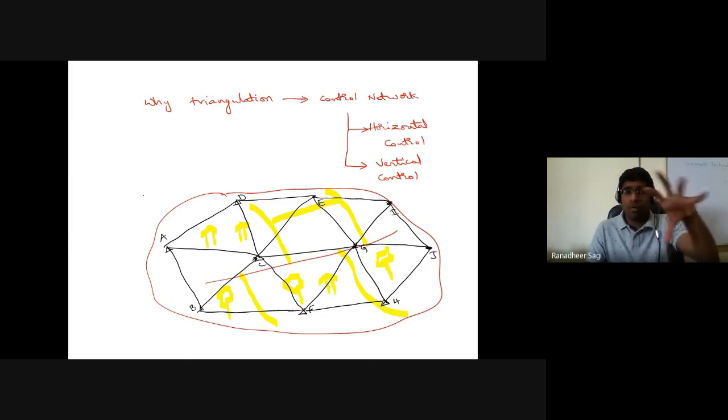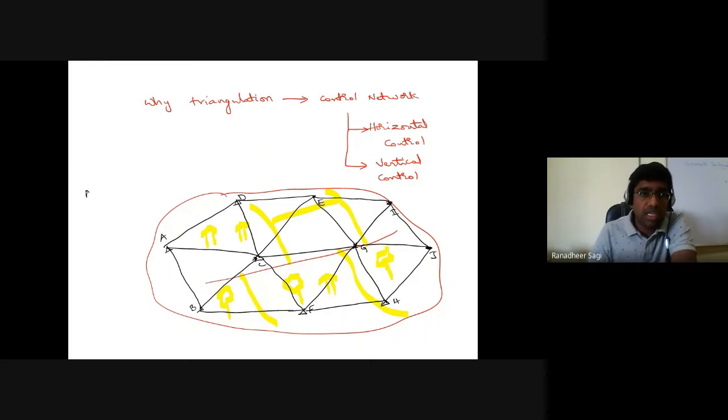So once you have a proper control network, how are those survey stations, station A, B, C, D, all these stations, till station J, what are they called? They are nothing but your triangulation stations.